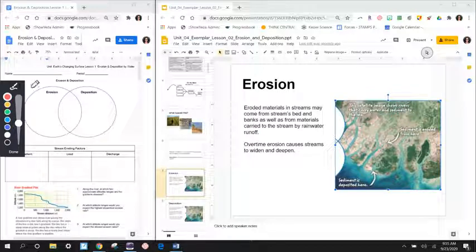When it gets down to the end of the river, where the river meets the lake or the ocean down here, this is where deposition is occurring. So if you can kind of see how it's cloudy down in here, that's because of the deposition or the depositing of all that eroded material at the end of the river or stream.